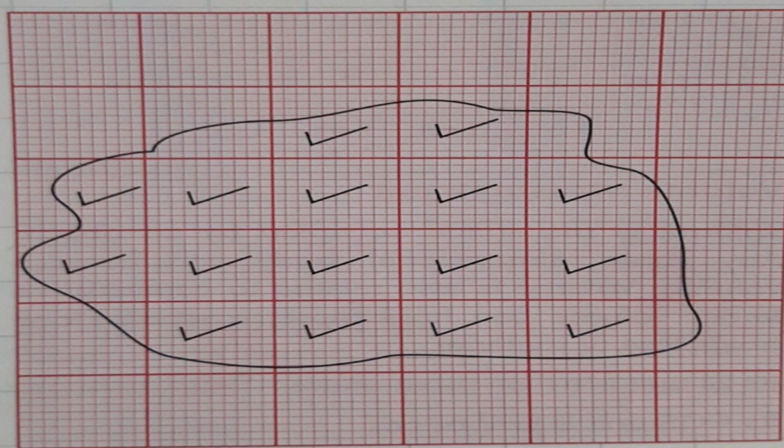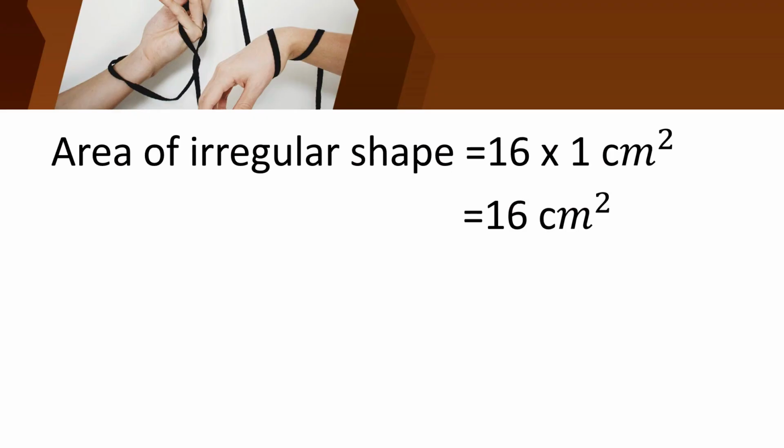What is the number of squares here? 16. So 16 into 1 centimeter square equals 16 centimeter square. The area of this irregular shape is 16 centimeter square.